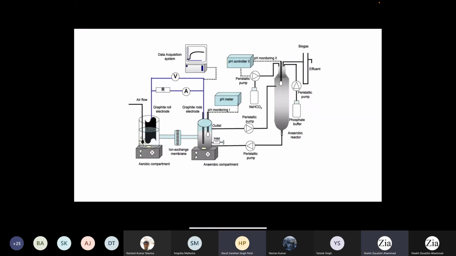And typically in industry, you get a combination of different kind of reactor system and controller to have a controlled environment in the reactor system.